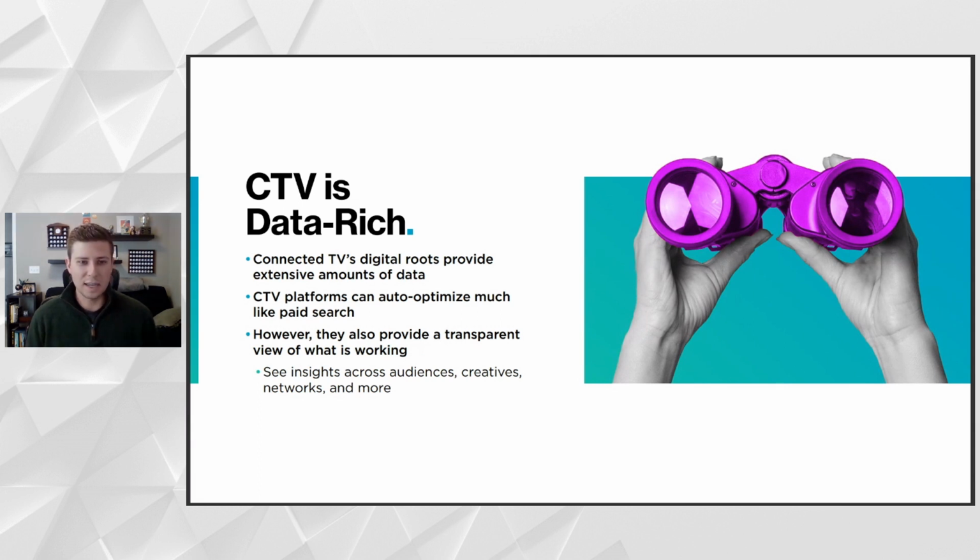We're going to take a look at that, but also a really transparent view into what is working. See insights across your audiences, your creative, different networks, really any view and metric that you'd like to build. The reporting dashboard is also fully customizable. So you can build your own views with your own metrics and filters and level of segmentation. But we'll talk through a few of the core ones that are standard within the platform today.